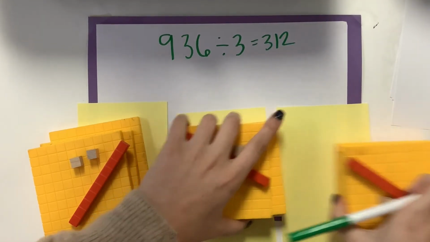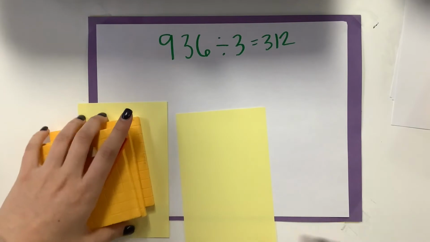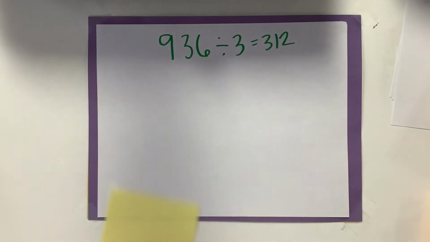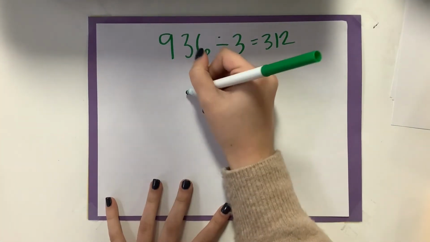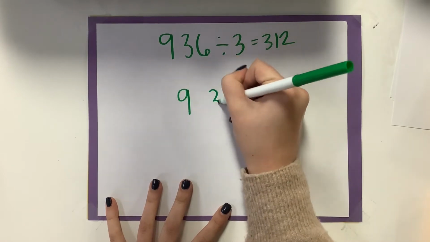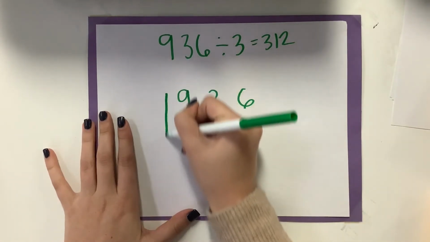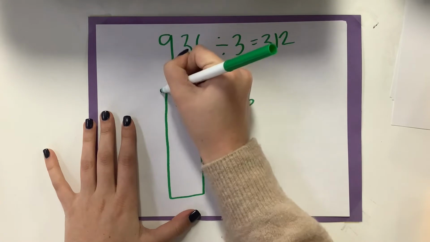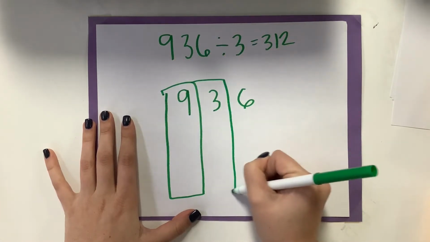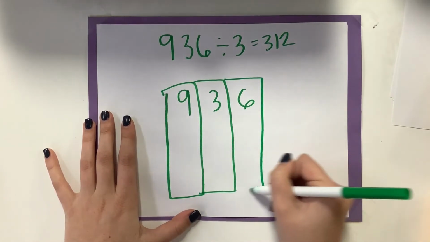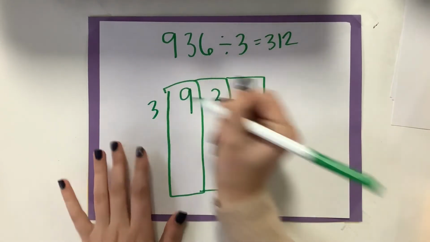Now putting the blocks away, let's see if I can write this out and get the same answer. I'm going to take my 936 and take turns dividing each of my places by 3.